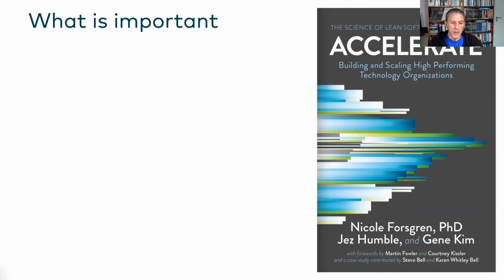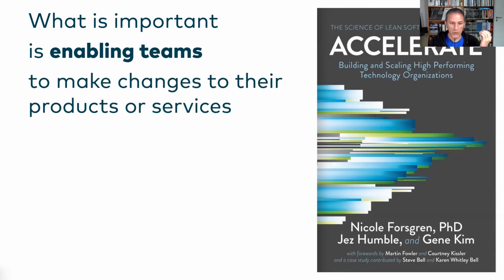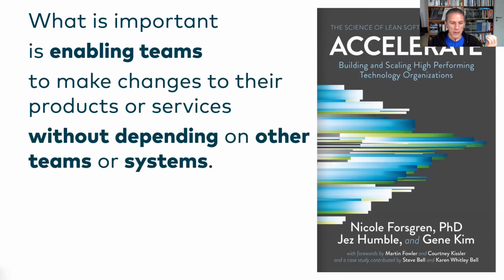And therefore, they do have some data to back up some hypotheses they have. And one of the chapters actually talks about architecture. In that chapter, it says what is important to be productive is enabling teams to make changes to their product or services without depending on other teams or systems.